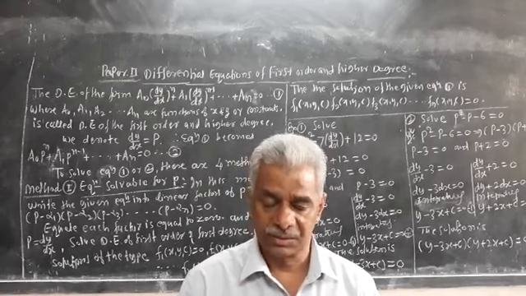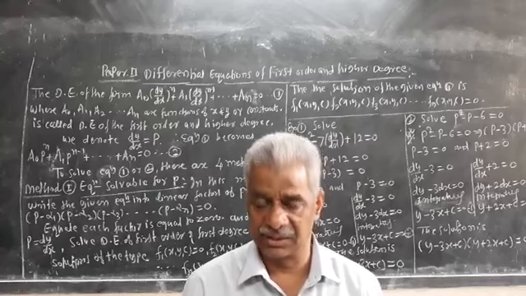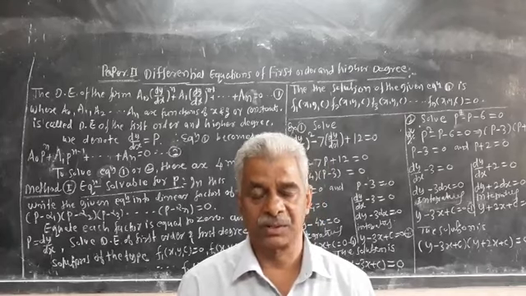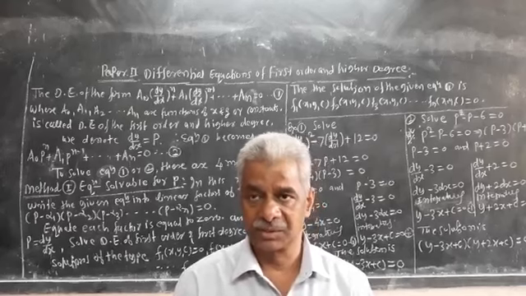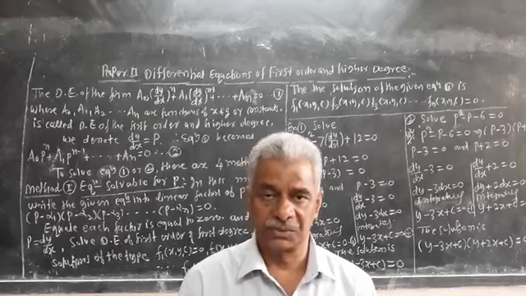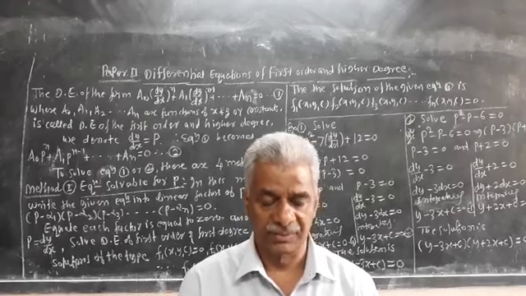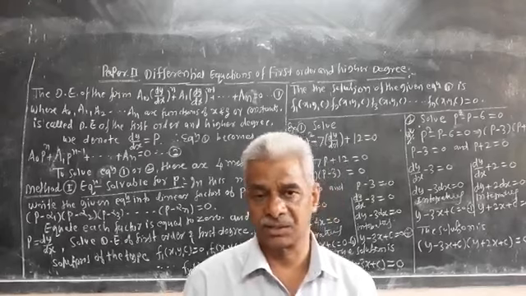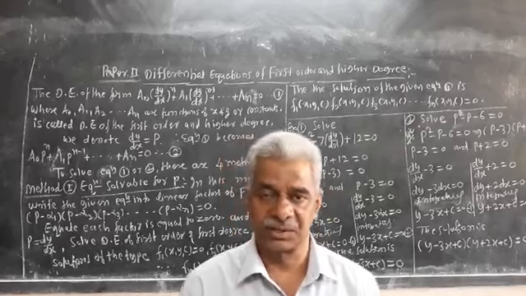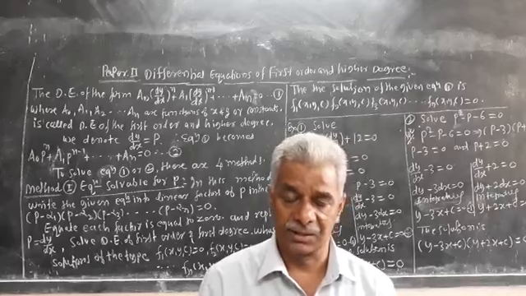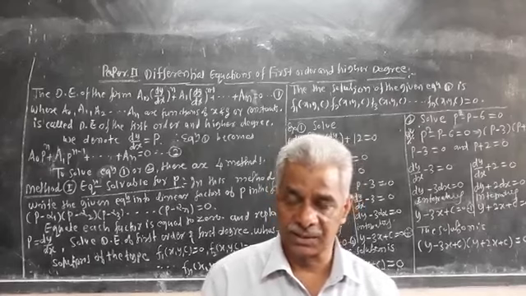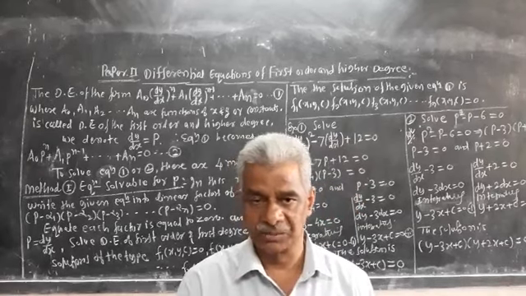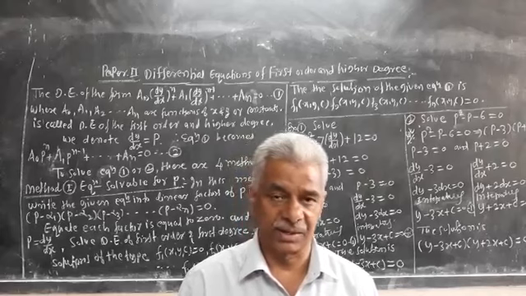At least in that equation there is one dy by dx term having a power greater than 1, meaning either 2, 3, 4 or 5 and so on. Such equations are considered differential equations of the first order and higher degree.